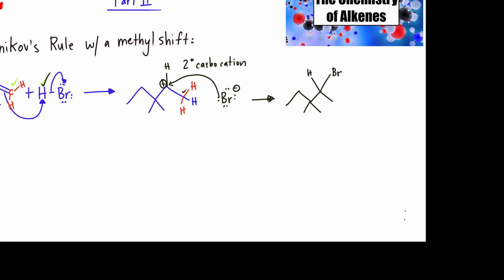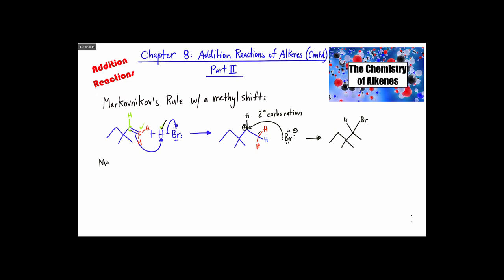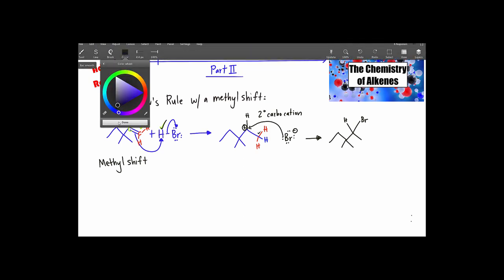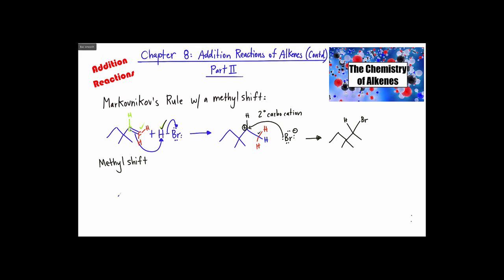Okay? Now, the methyl shift, I'm going to write out this same reaction again. So what happens is this lone pair of electrons goes there, and not that lone pair, but the pi bond electrons goes there, and this sigma bond goes here.